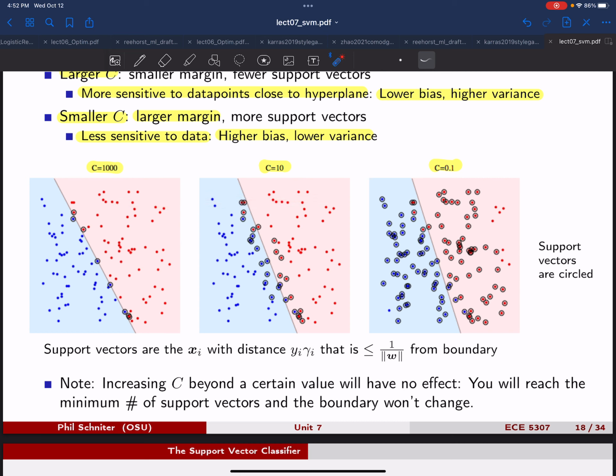However, it does not mean that if you take C to infinity, you get no support vectors, because if your data set is not linearly separable, there's no way that you can drive your support vectors lower than a certain amount. Because for all the samples for which it's impossible to separate correctly, all those guys will always be support vectors. And so there's going to be a minimum number of support vectors that you can get if you keep increasing C. So things will sort of saturate, nothing will change.